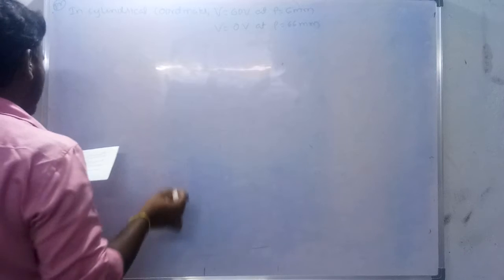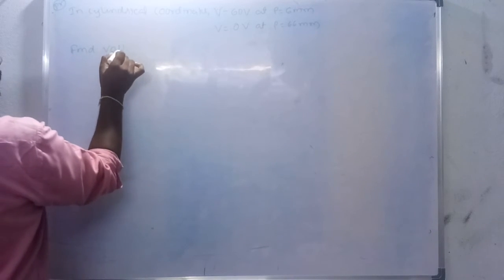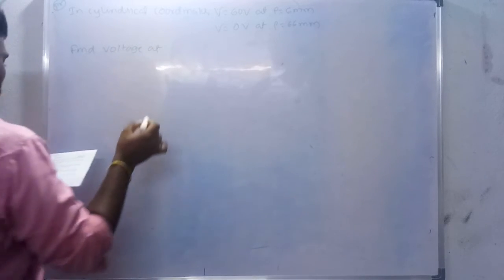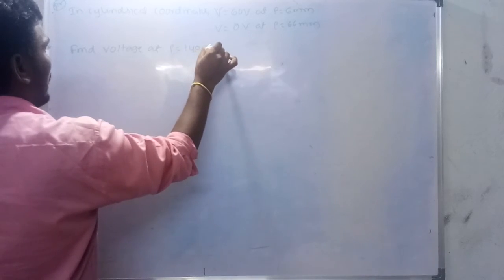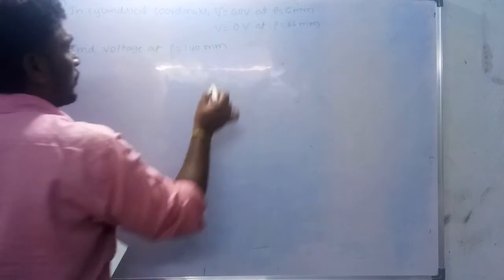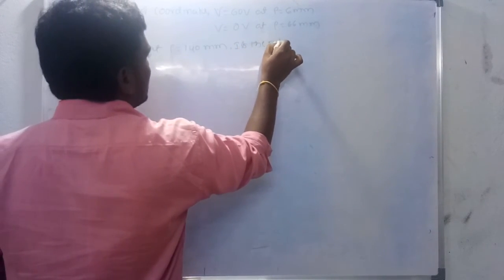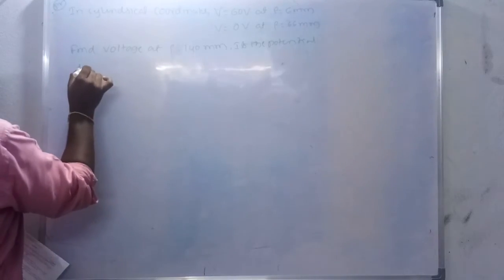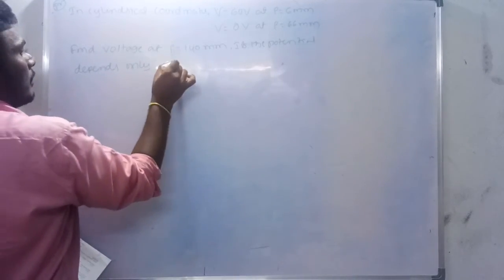Find the voltage at rho is equal to 140 mm if the potential depends only on rho.